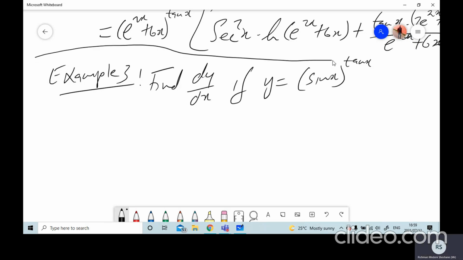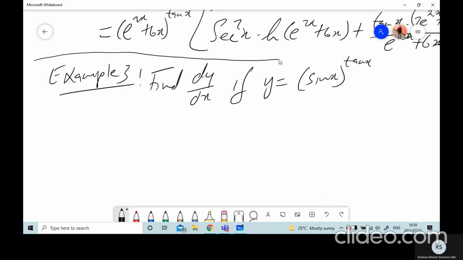Now this is the third example now. I want to find dy dx if y is equal to sine x to the power of tan x.